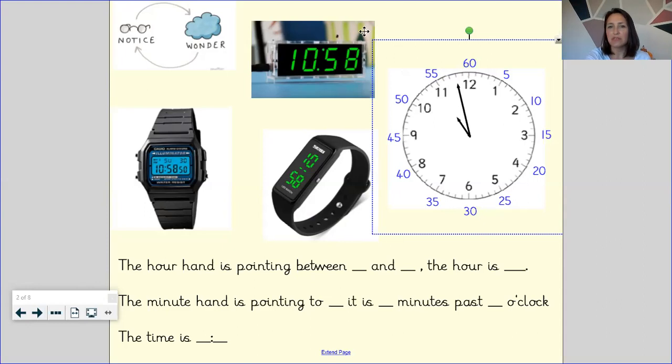And maybe you noticed that the other digital clocks are all showing 10:58 as well. Maybe you wondered what these extra bits of information here were. We've got 10:58 and then we've got 50. That's seconds, so 10:58 and 50 seconds, and then it's also got the day and the date. It says Sunday 30th, so it's a clock that also shows the day and the date.